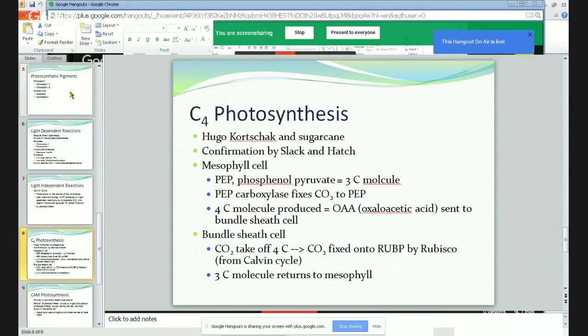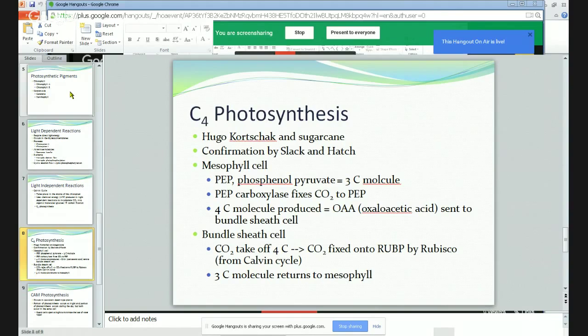And what happens is really similar to the Calvin cycle that's occurring here next door. You're going to have an enzyme come in, PEP carboxylase, and it's going to take that carbon from the carbon dioxide and fix that onto that PEP molecule. So then we've got a 4-carbon molecule called oxaloacetic acid.